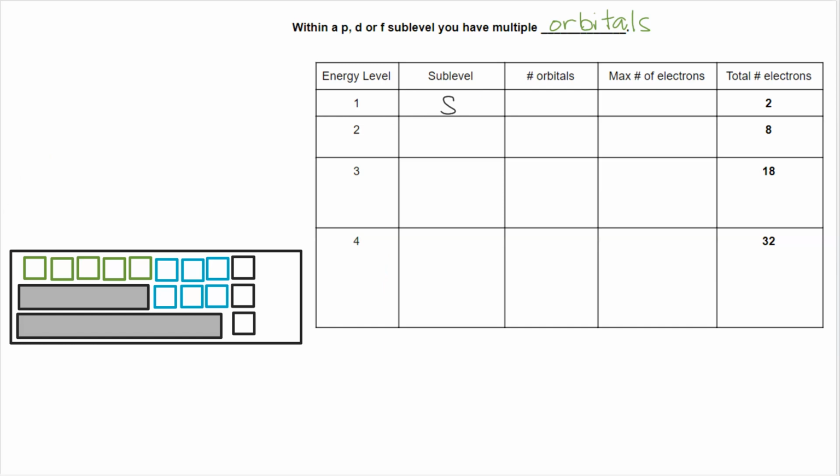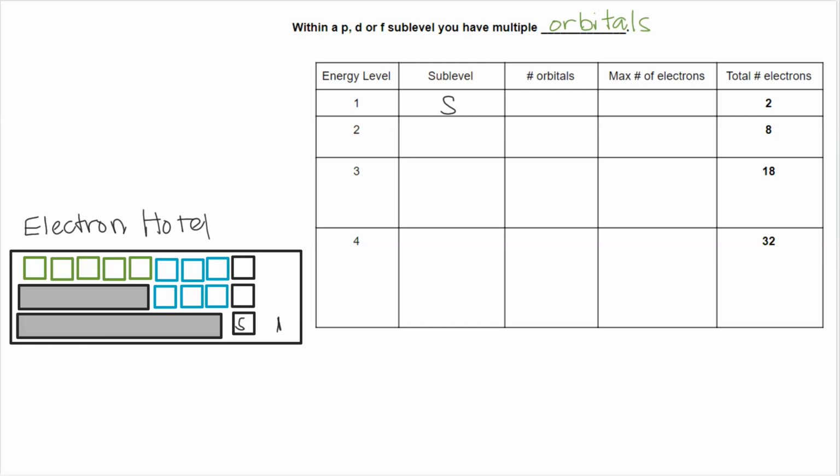And I like to think of this as a hotel. So here's my electron hotel down here. So down here in energy level 1, or on level 1 of our hotel, we can only have one type, and that would be the S-type room. We can only have one type of room, and that's the S-type room.